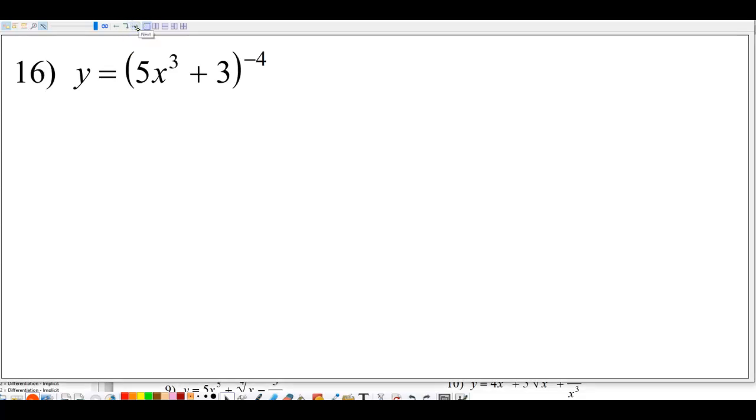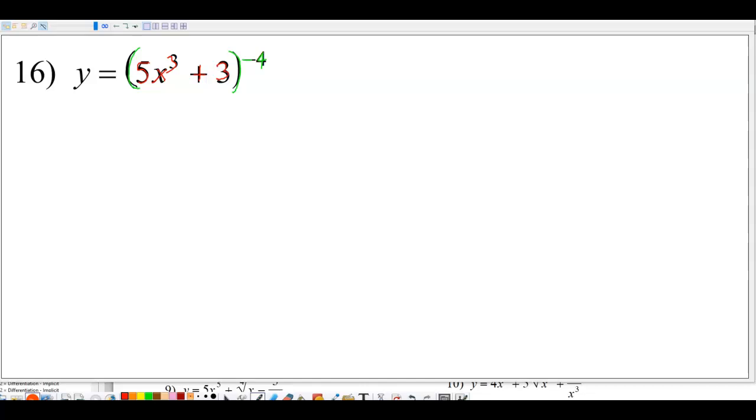All right. Number 16, what derivative rule can we apply here? Well, I see that this has an outside function on it. The outside function is something being raised to the negative fourth power. And then the inside function I see is just 5x cubed plus 3.